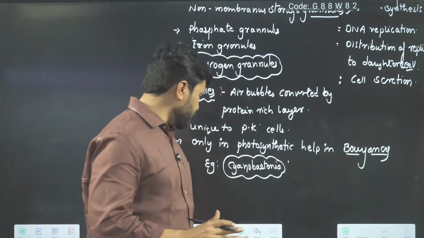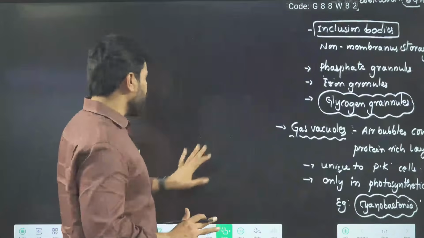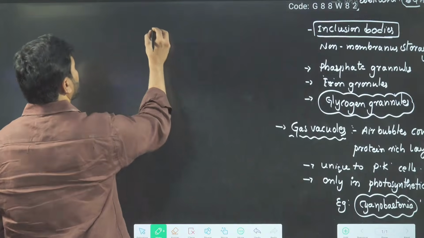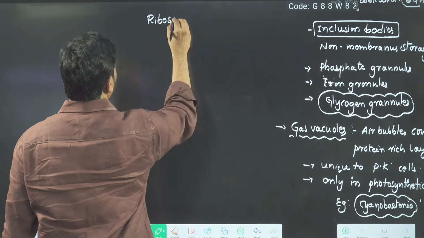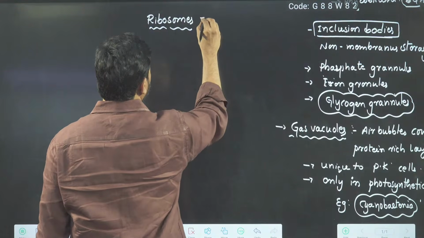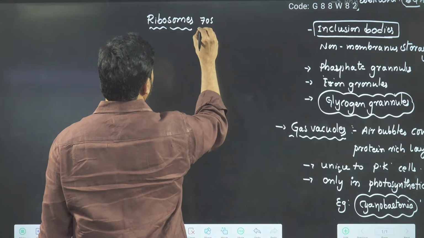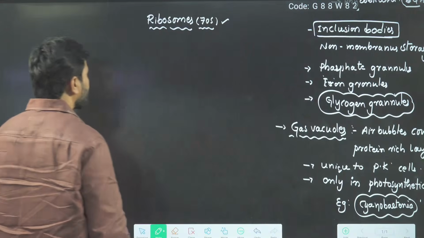Next, in addition to them, we should not forget something in the name of ribosomes. You know ribosomes? What type of ribosomes could you see in a prokaryotic cell? They are called 70S. Okay, done. I'm discussing 70S ribosomes.